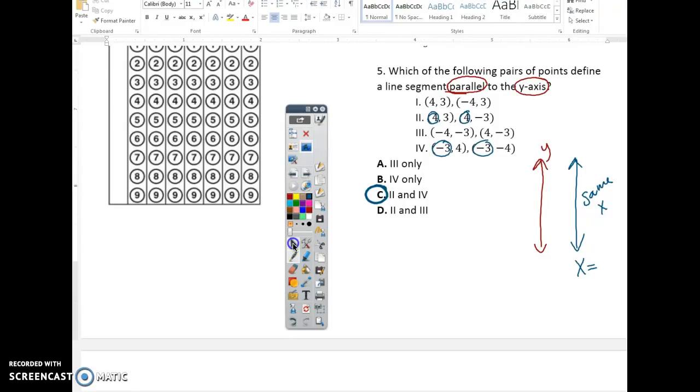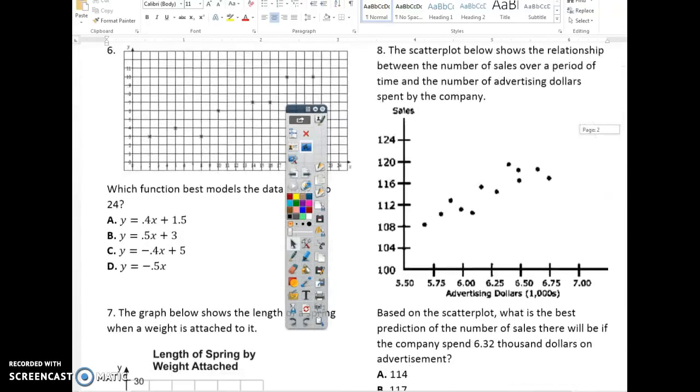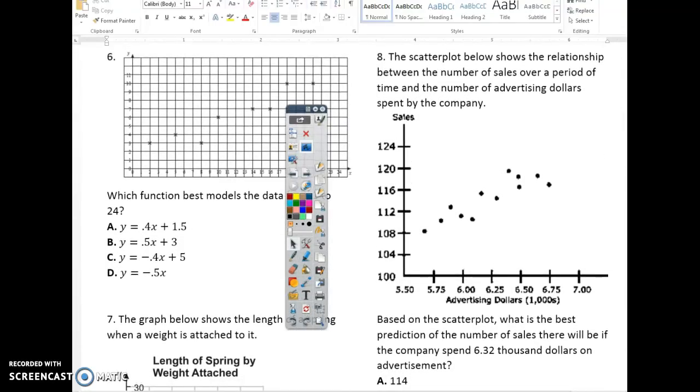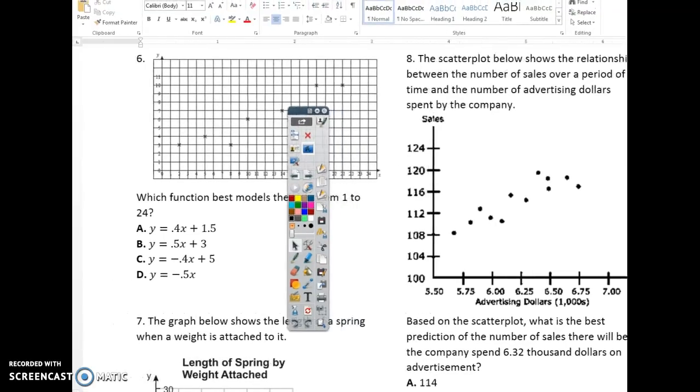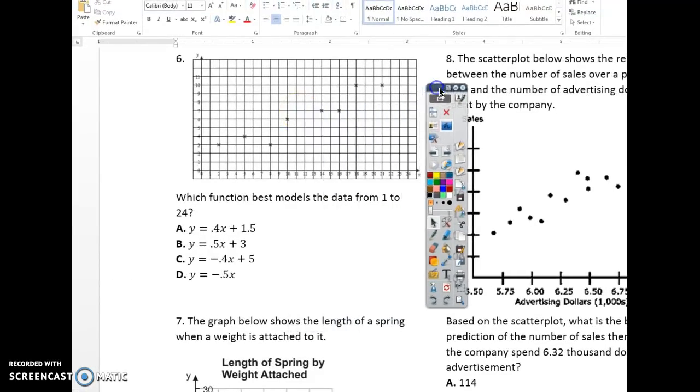Problem number 6. You're going to make a table for those points. And you're going to put it in stat. So all these points, this is (2, 3).